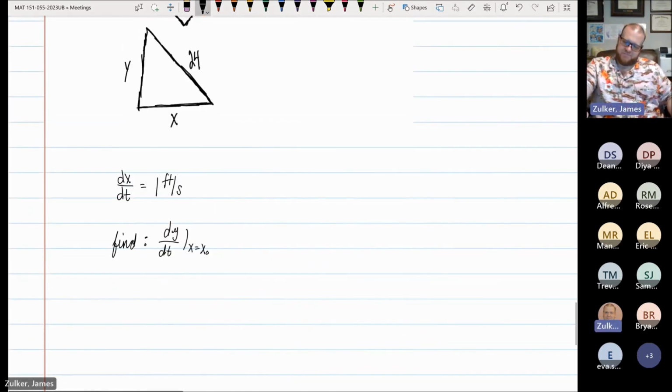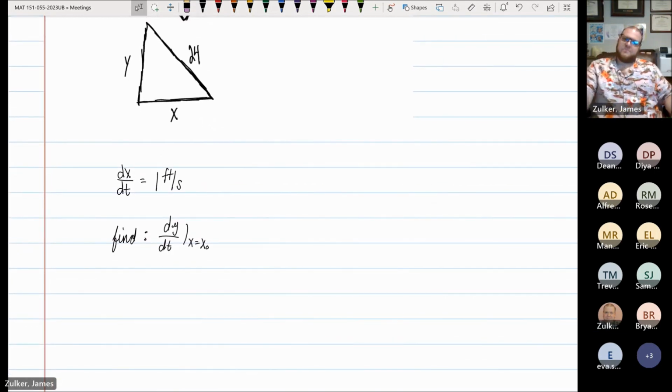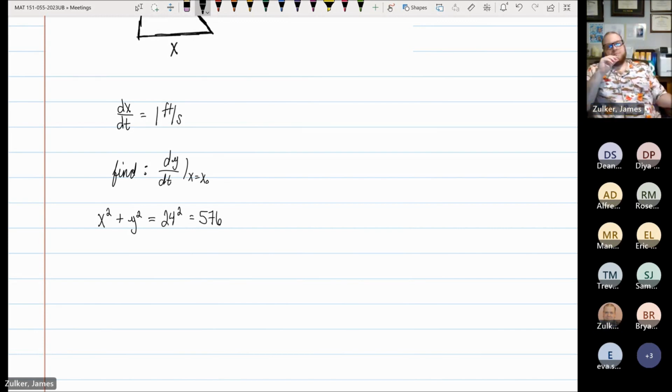So we need a relation. Again, turn to our good friend Pythagoras. x squared plus y squared is 24 squared, which is just 576. Differentiate.